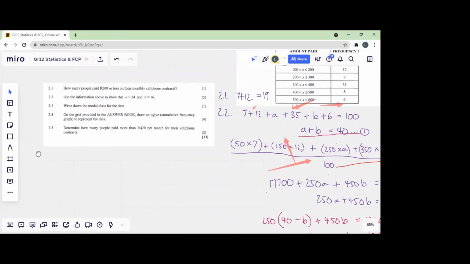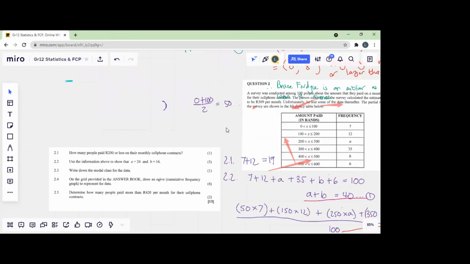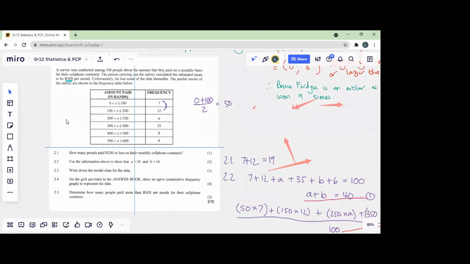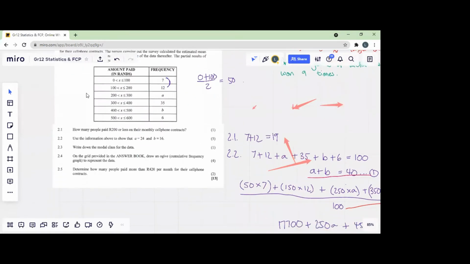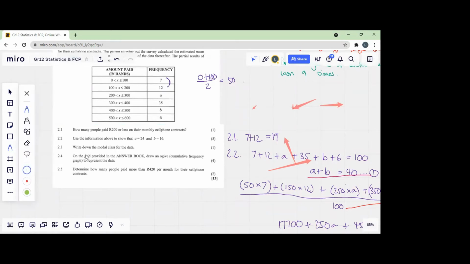Yeah, let's finish this off then, Matrix. Where's our information? There it was up there. Okay, so we've done 2.1, 2.2. Okay, 2.3, write down the modal class. So let's just pop these values in here. Anybody know how we work out which class is the modal class? What are we looking for specifically? How do we know which one is the modal class?